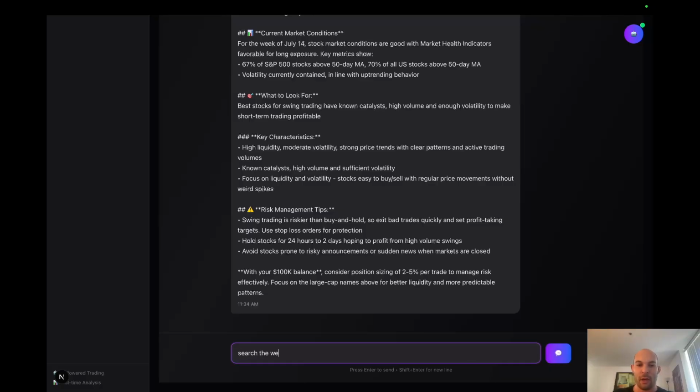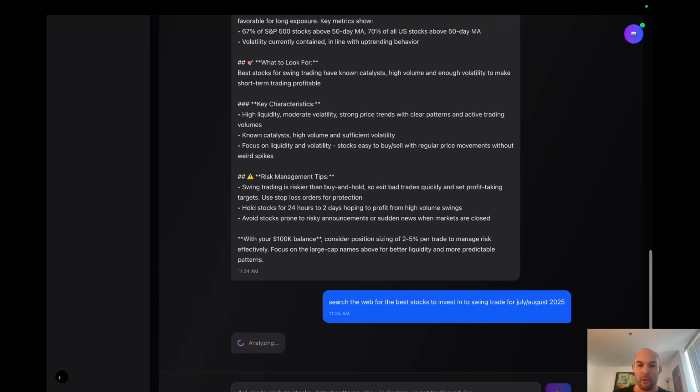Search the web for the best stocks to invest in to swing trade for July / August 2025.